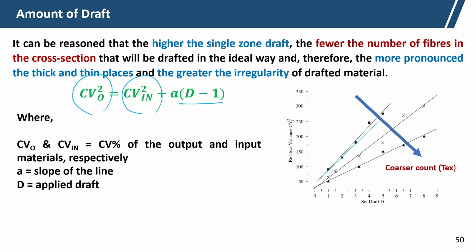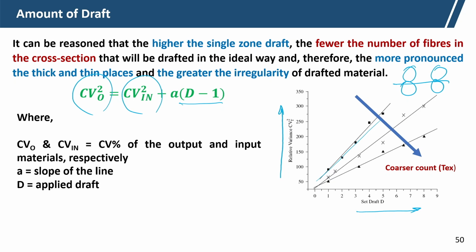Now, here we can see the set draft and here is the relative variance, CV square. If we increase the draft in one single zone, the variability increases, because there will be fewer fibers and it will create thick and thin places.